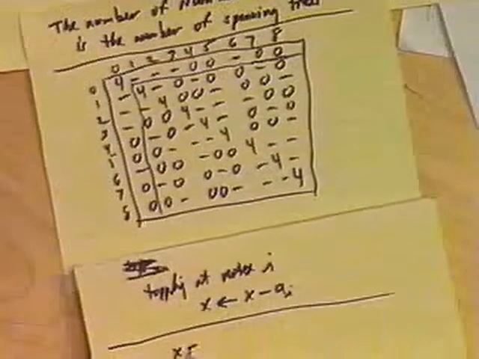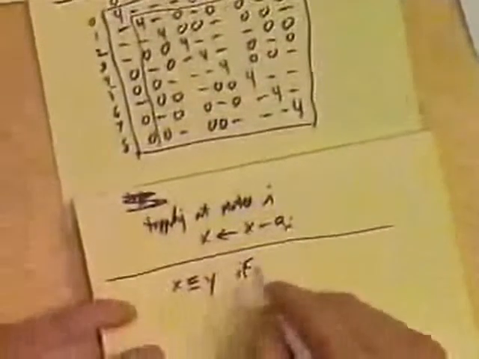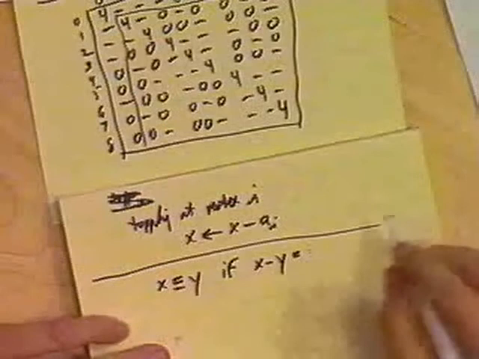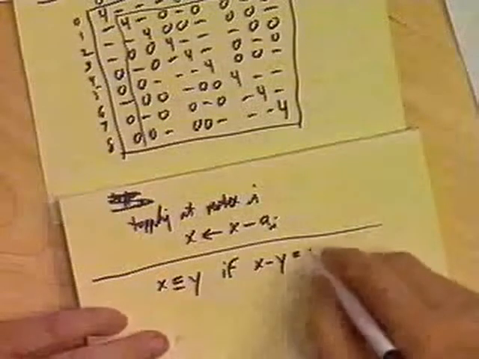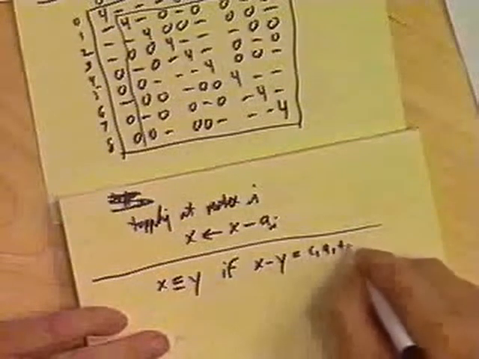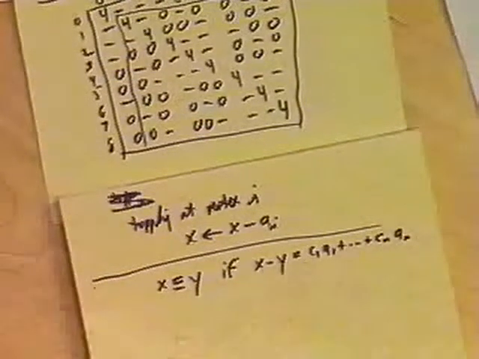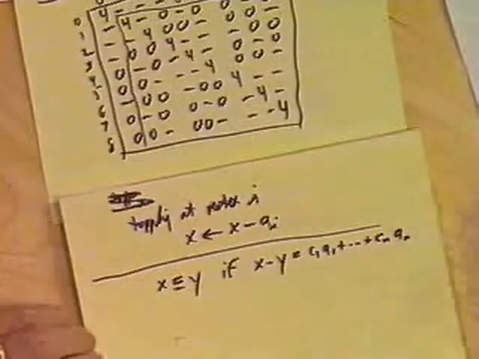So let me say that x is equivalent to y if x minus y is equal to some linear combination c1 a1 plus ... plus cn an, and if x minus y is some linear combination of these rows, then we'll say that those states are equivalent. Does it have to be positive? No, not in this definition of equivalence.